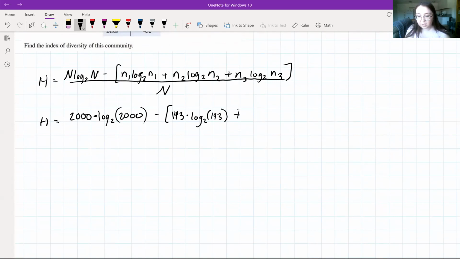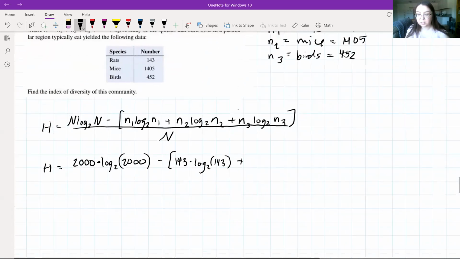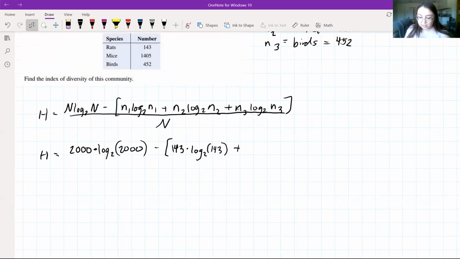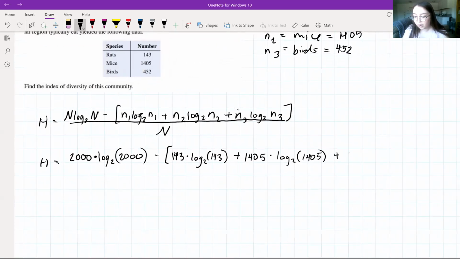Now we're going to do the same thing with n sub 2. N sub 2 is 1,405, so we're going to say 1,405 times log base 2 of 1,405. And now we'll do the same thing with n sub 3, which is 452.